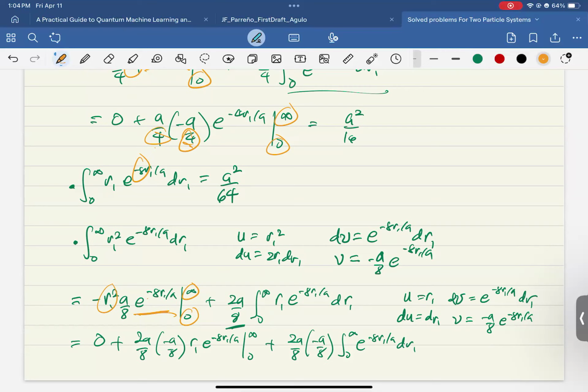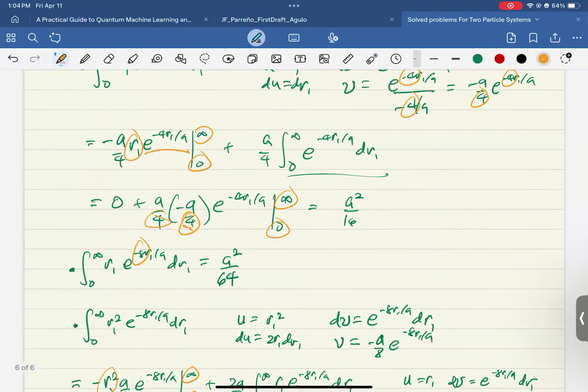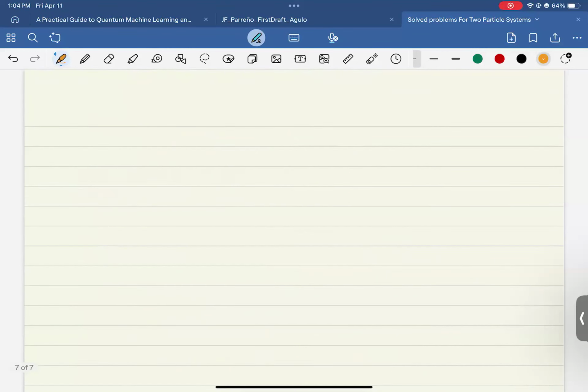Again, if we evaluate this term, ito magbibigay ng 0. And with respect to this term, ito naman yung magbibigay ng 0. So again, yung second term is also 0. So we end up with 0 plus 0 plus 2.